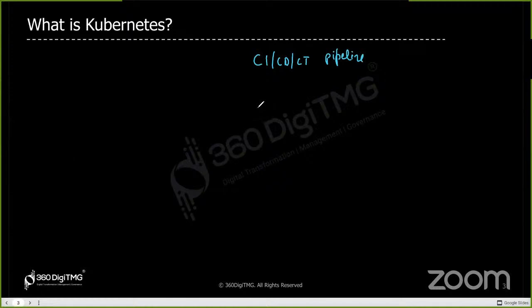So what is the CI/CD pipeline? CI is continuous integration. Here we are going to talk about things such as merge and test.